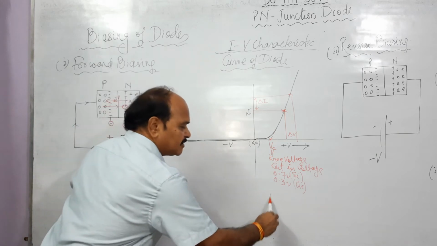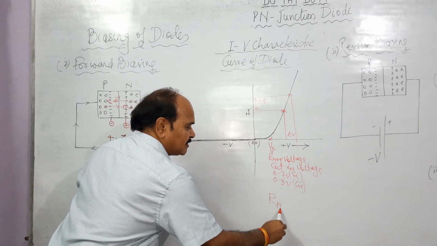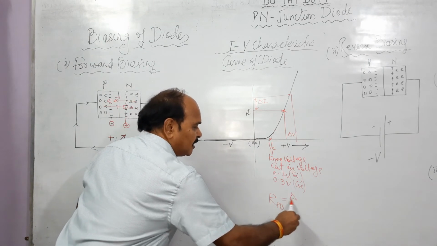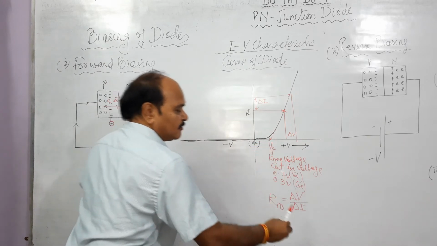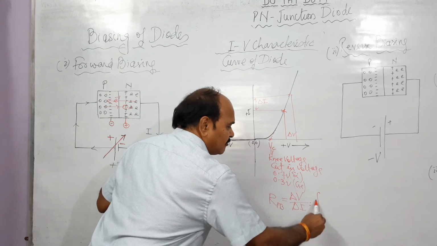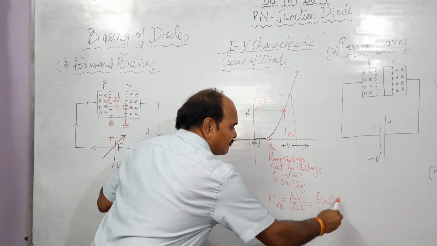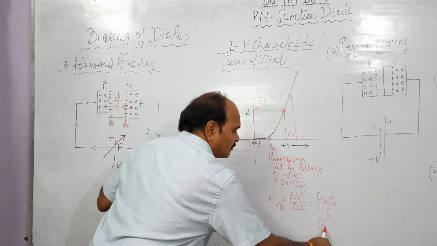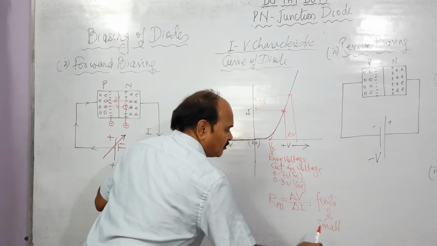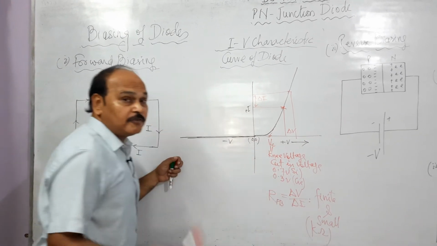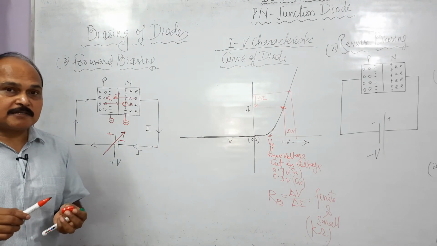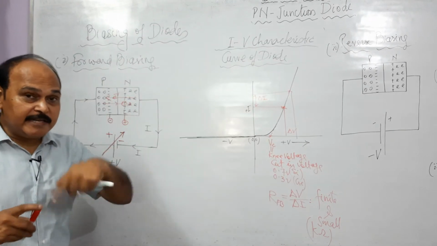So what is the dynamic resistance in the forward bias? It is delta V by delta I. And this value of resistance is finite and small, of the order of kilo ohm. So in forward bias, the diode conducts beyond the knee voltage.